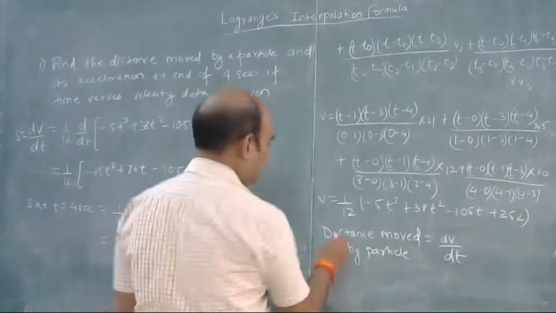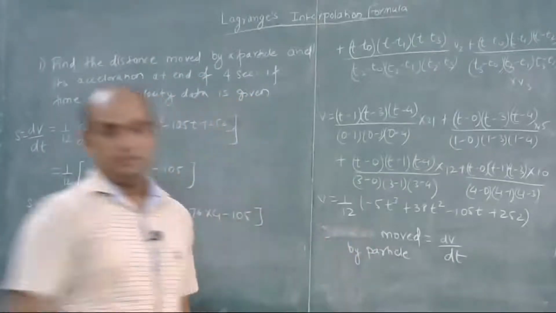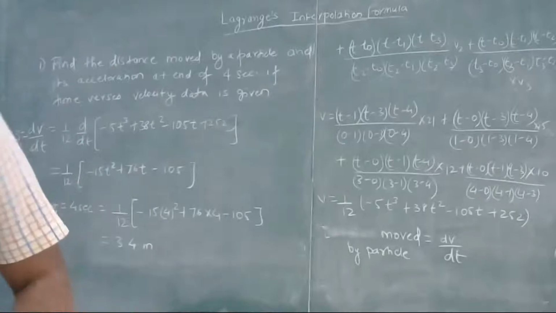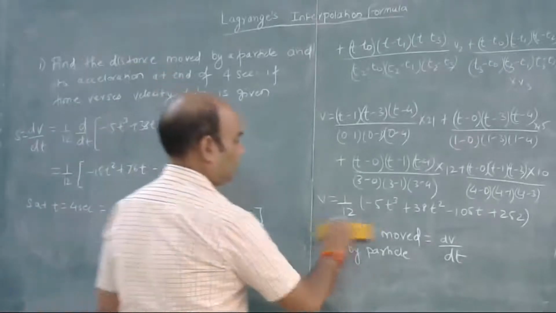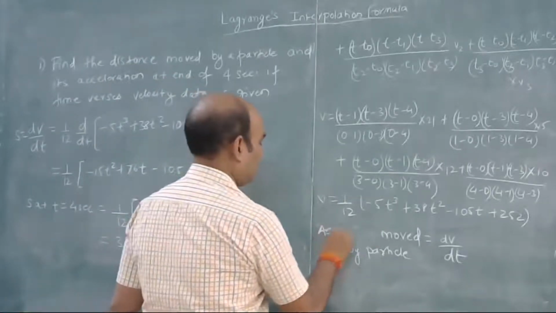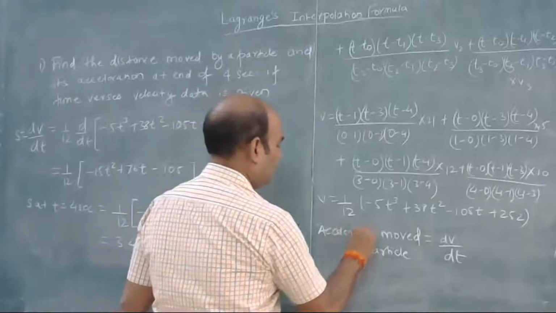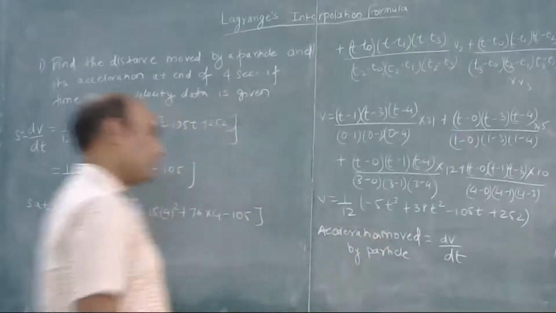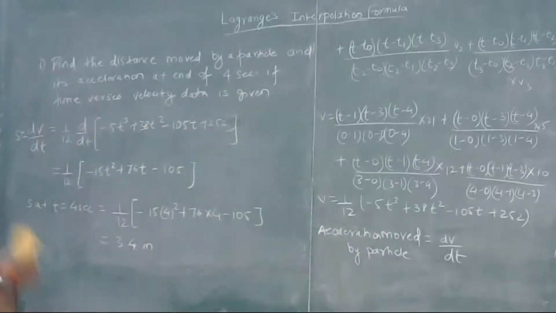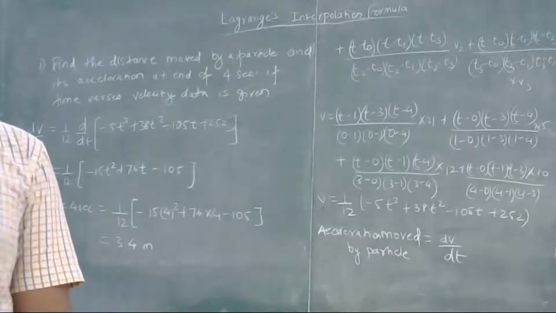This is your acceleration. Acceleration is equal to dv by dt. This is a is equal to dv by dt.